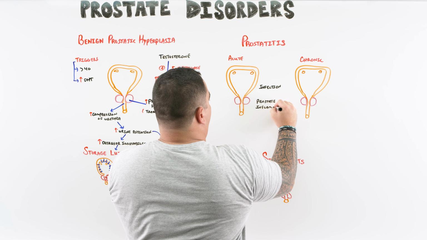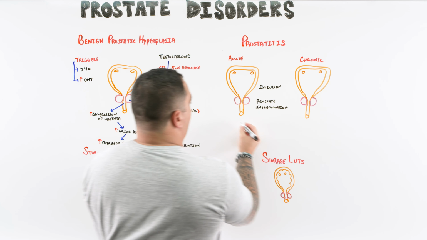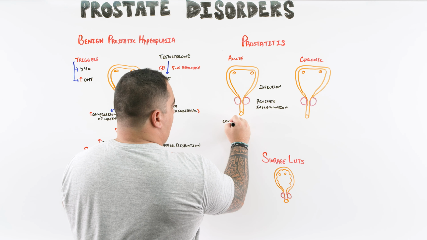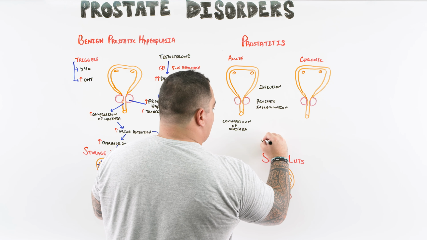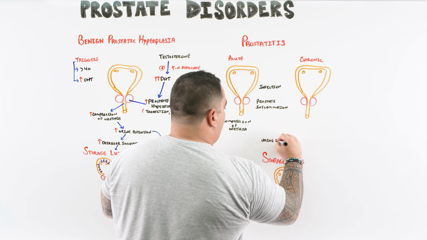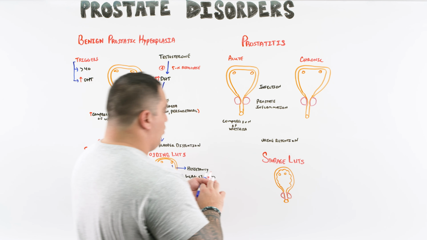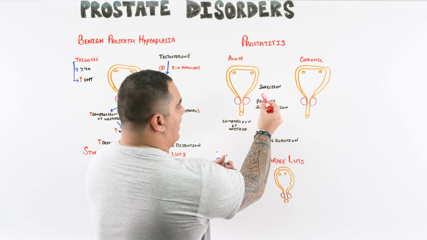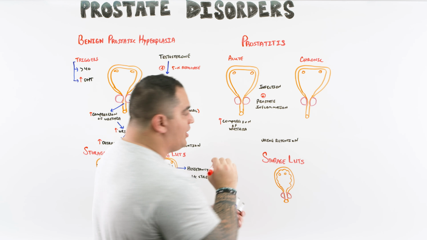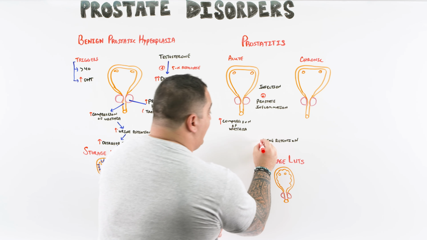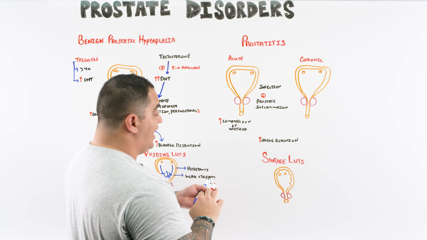And that prostate inflammation, as a result, my friends, will lead to compression of the prostatic urethra. And as it does that, it may lead to some degree of urine retention. So the patient will have an infection that stimulates prostate inflammation, which causes compression of the prostatic urethra, and may lead to some degree of urine retention.